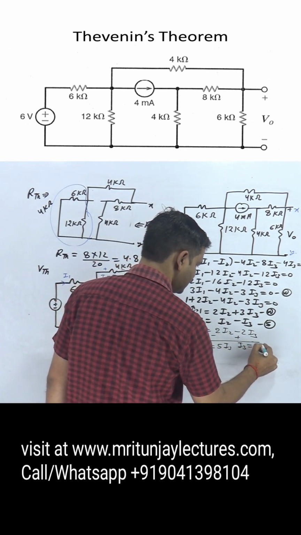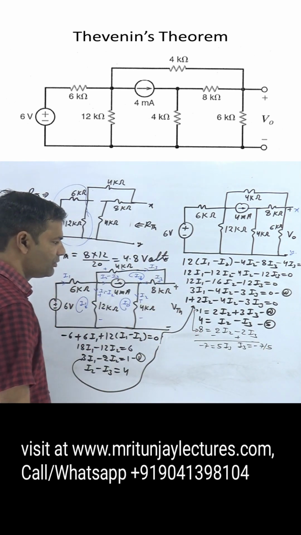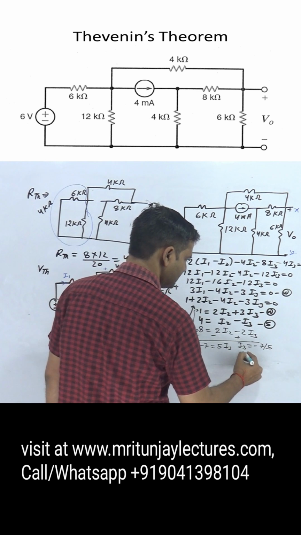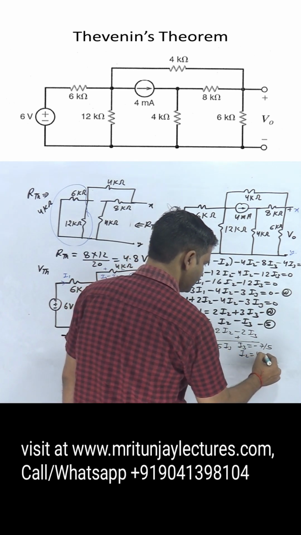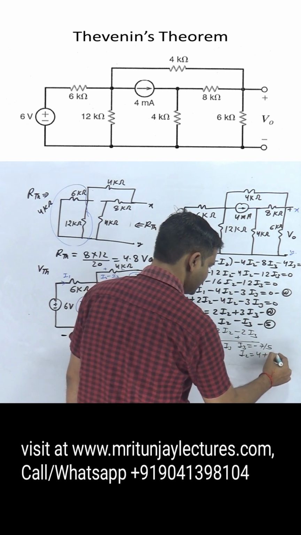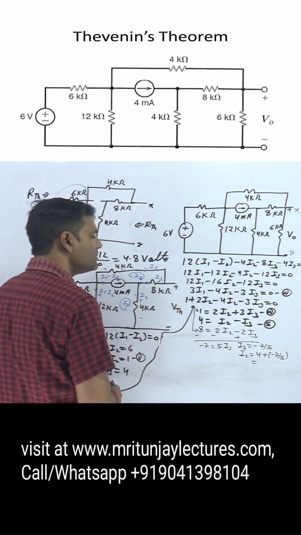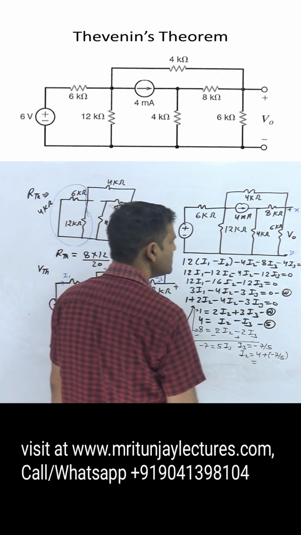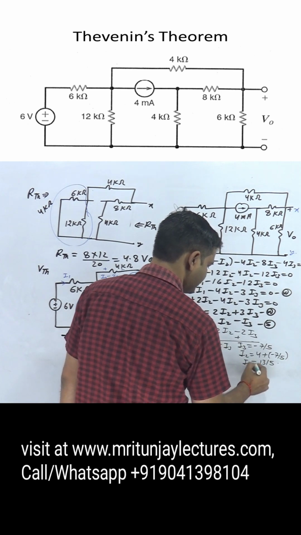So I3 is minus 7 by 5. And what about I2? I2 is 4 plus minus 7 by 5. That is 13 by 5, I2.